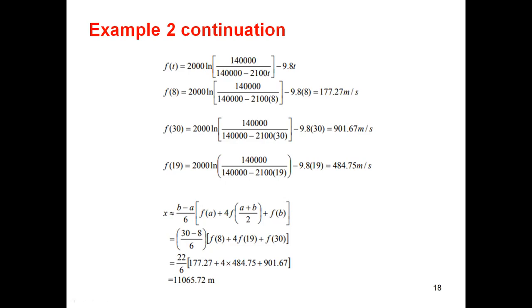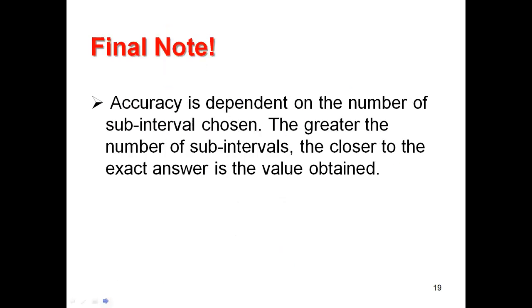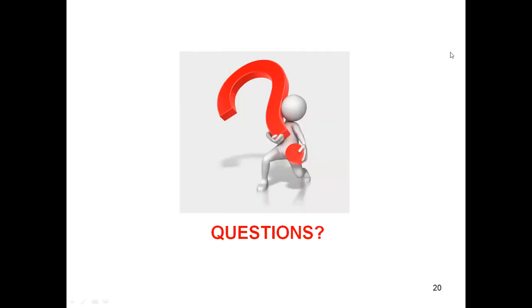So this is Simpson's Rule. Okay? Have any questions? On a final note, accuracy is dependent on the number of sub-intervals chosen. So the greater the number of intervals or sub-intervals, the closer to the exact answer is the value obtained. Do you have any questions?